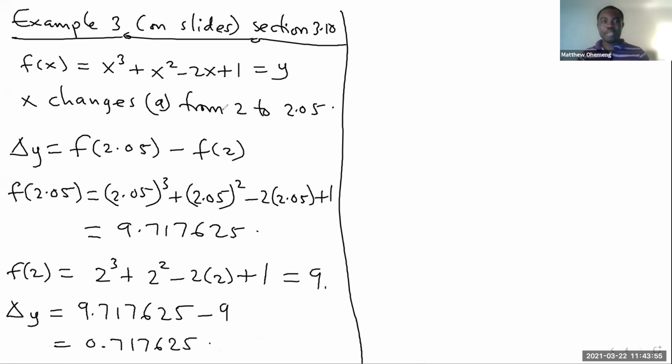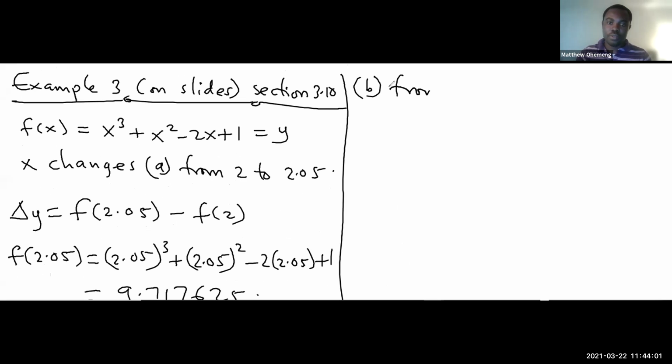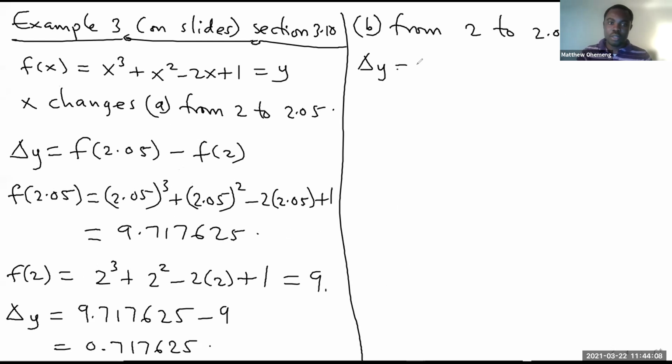Or maybe let me do it for the b first, so that when we are done, we can compare the two. So b is changing from 2 to 2.01. For this one, the actual change will be f of 2.01 minus f of 2.